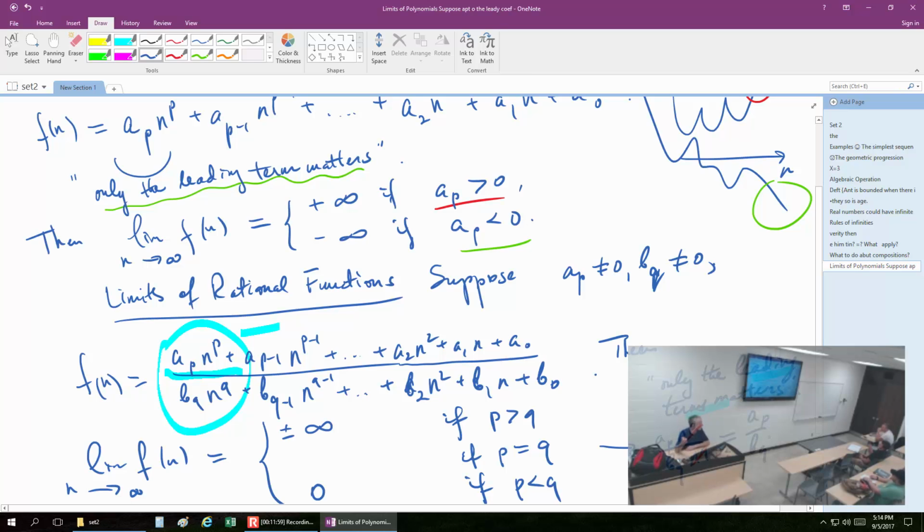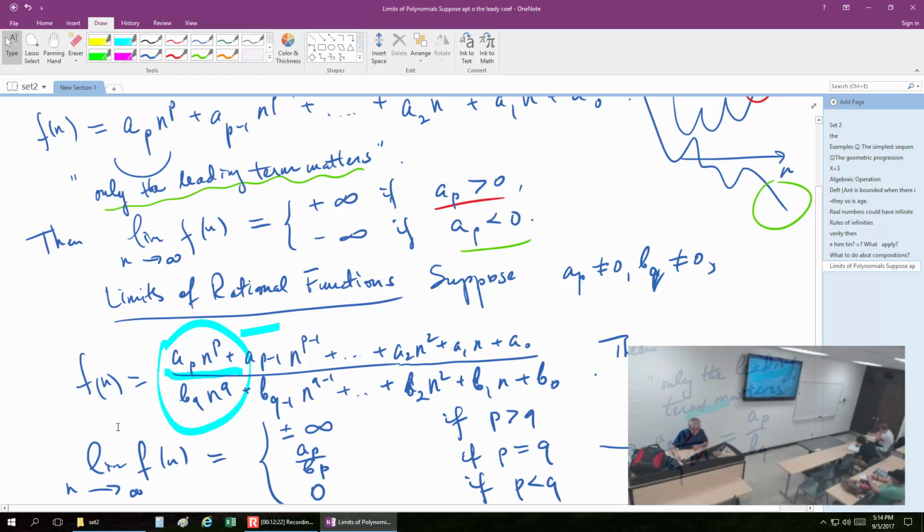And that's the answer. So it is a number. Just like in that example from last time, the leading term was 1 in the numerator, in the denominator also 1, so the answer is 1. So a_p over b_p, because p is equal to q.